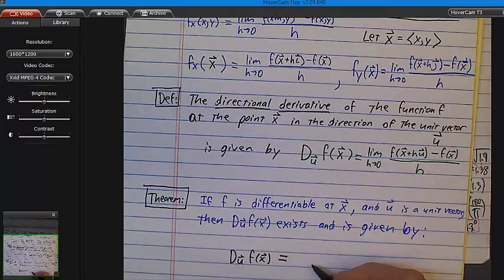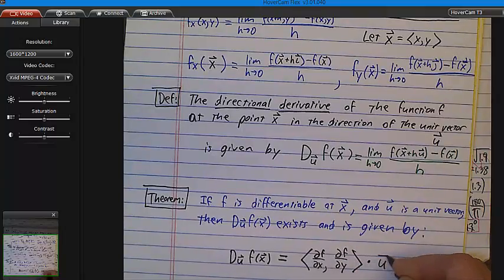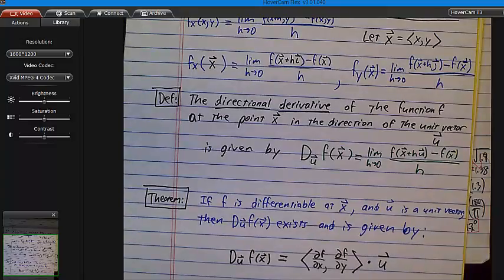What it's going to equal is the partial of f with respect to x, comma, the partial of f with respect to y, dot u. This thing has a name.